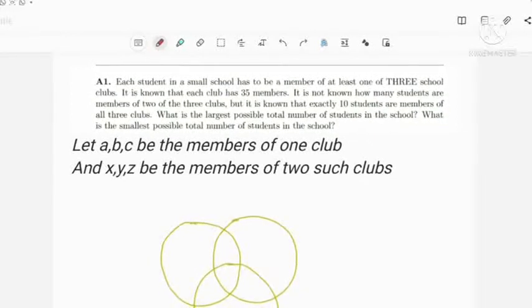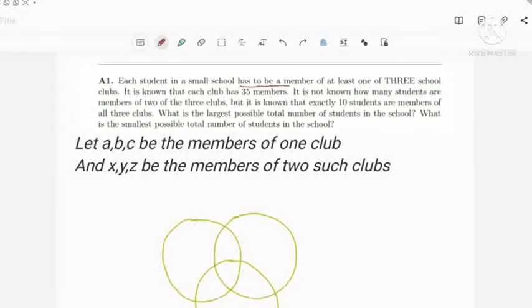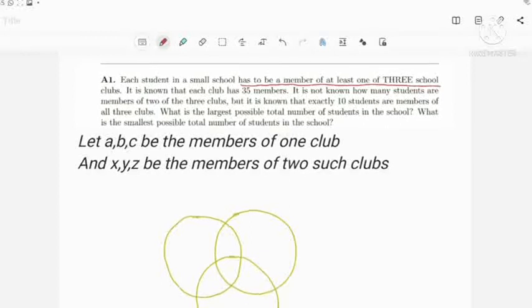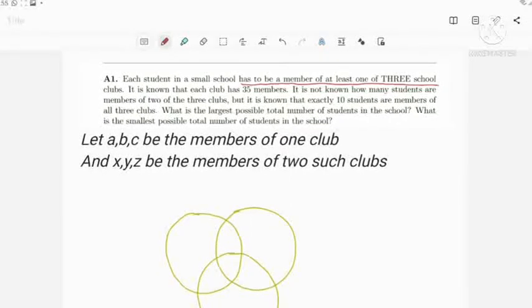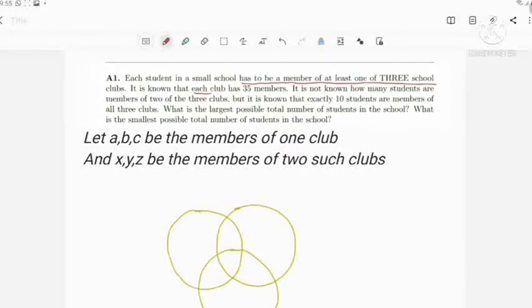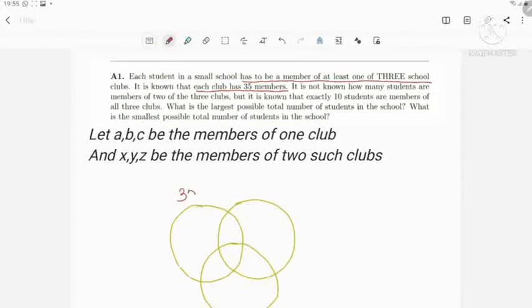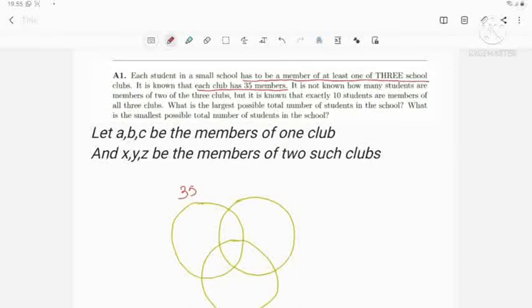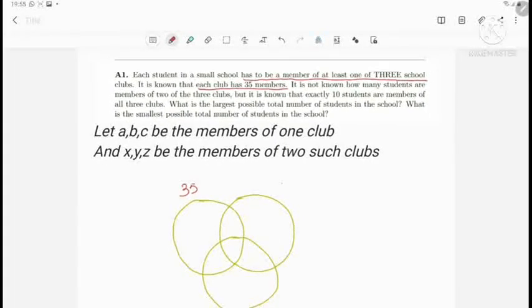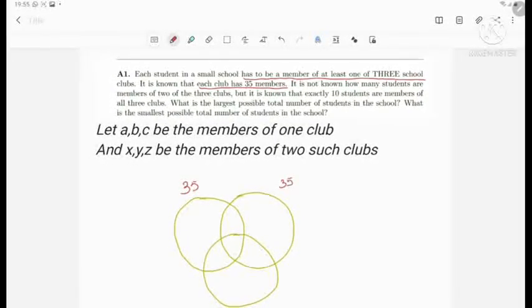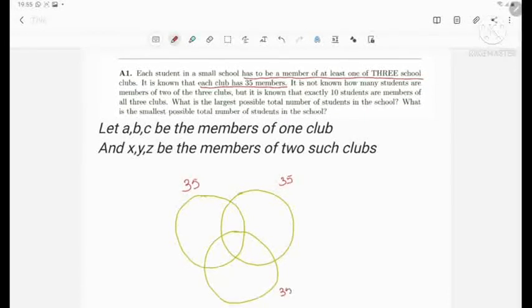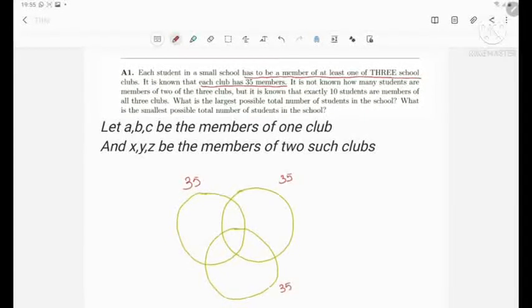Each student in a school has to be a member of at least one of the 3 school clubs, and each club has 35 members, which means there are 35 students in the first club, 35 members in the second club and 35 members in the third club.